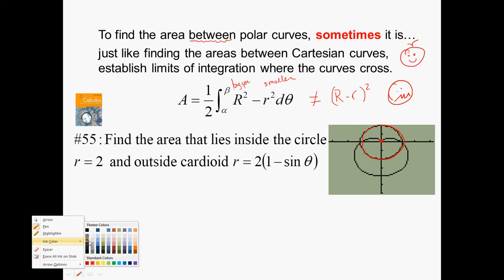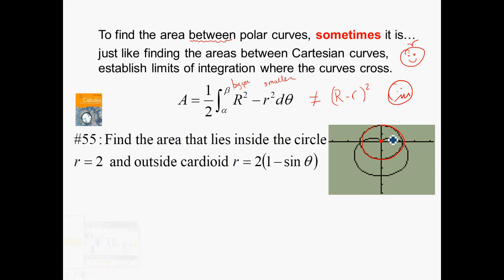And here is the cardioid, 2 minus 2 sine theta. Now I want the area that lies inside the circle and outside the cardioid. Can you see that? So inside the red, but outside the cardioid.